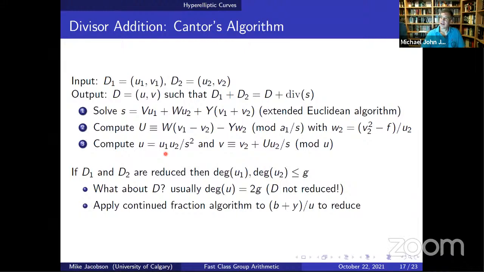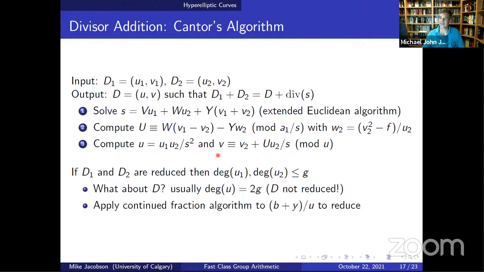The main difference is that the quantities we're operating on, U1, V1, U2, and V2, are, instead of integers, polynomials with coefficients in finite fields, but still we do this extended GCD step. We compute this quantity capital U, and then we form the sum of the divisors by multiplying the two U coefficients and dividing out the GCD squared.